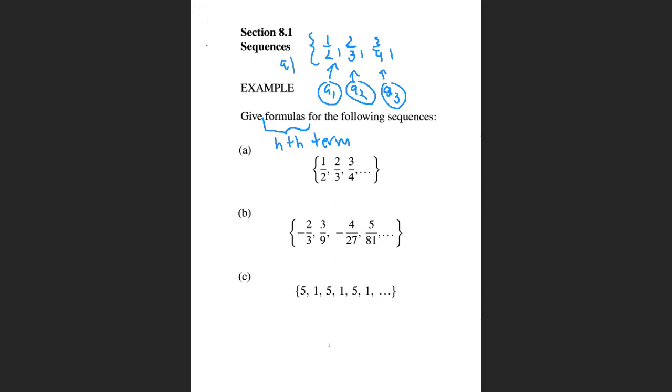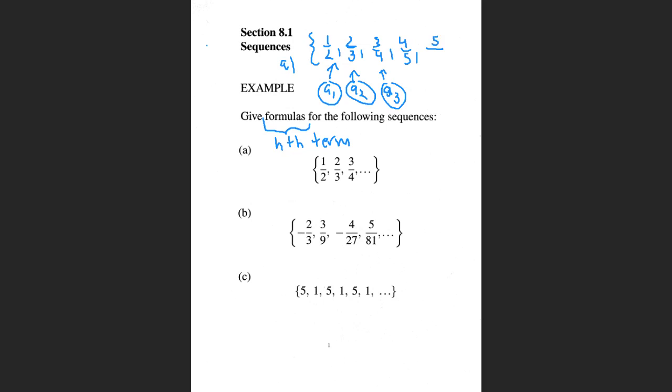What would the next term be for sequence A? We have a half, 2/3, 3/4. What's next? Good, 4/5. What's next? Well, what's going to go on top? What number? 5.